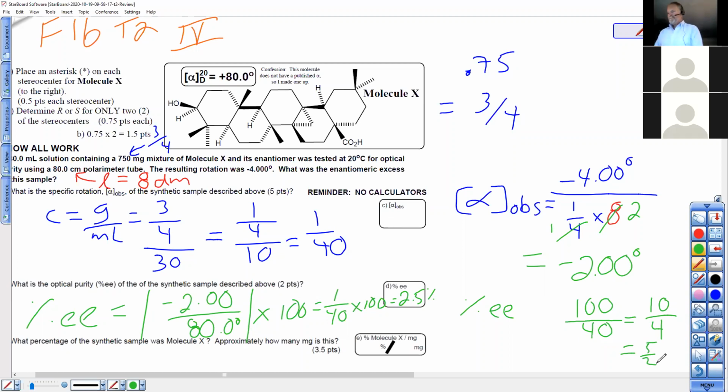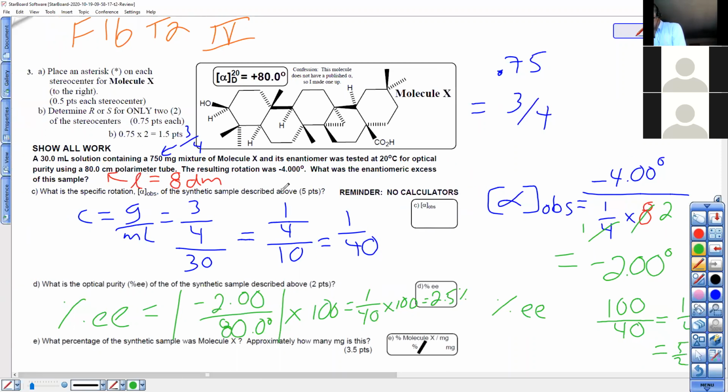Sorry, could it have originally been negative 20 degrees for the alpha observed? Oh, did I? Alpha observed? In the original question, did I grab, no, for C, for C? No, the 20 is the temperature. Don't use the temperature. No, not that. It's for the problem C. You have negative 2 degrees.